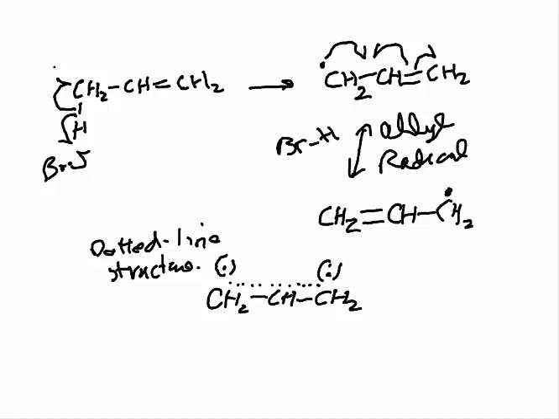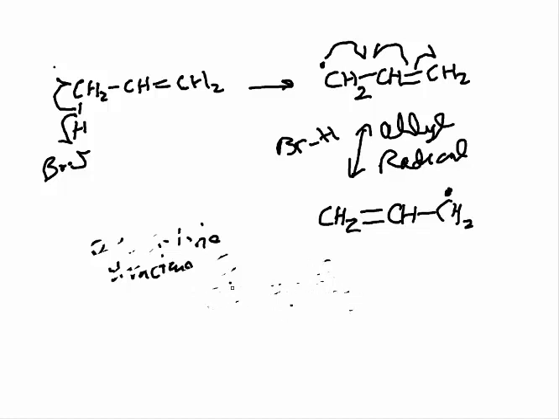Let me illustrate. I want to redraw the dotted line structure for the allyl radical here.